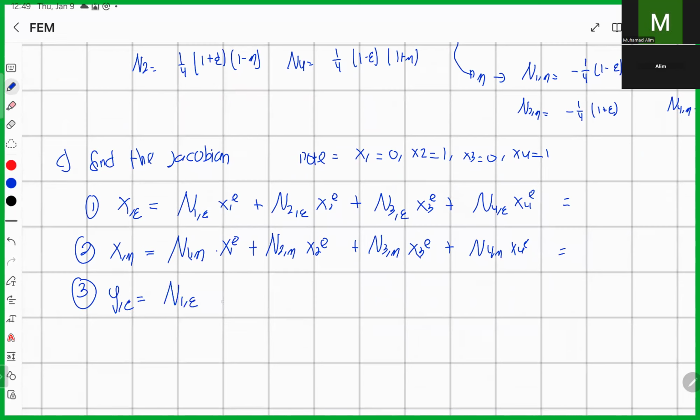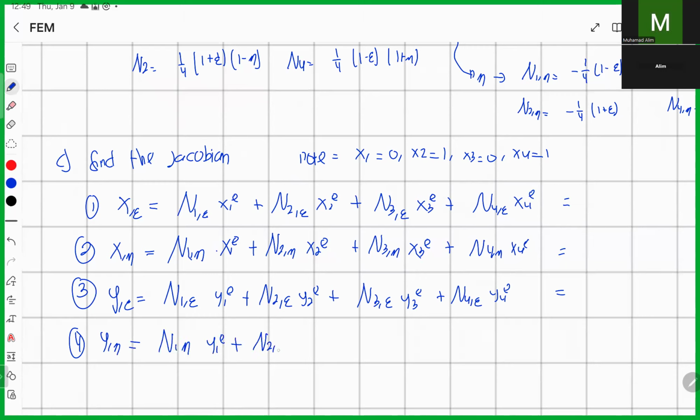So it's pretty much N1 xi y1 plus N2 xi y2, the coordinate, N3 xi y3 plus N4 xi y4, and then y with respect to eta, this one N1 eta y1 plus N2 eta y2, N3 eta y3, and N4 eta y4.